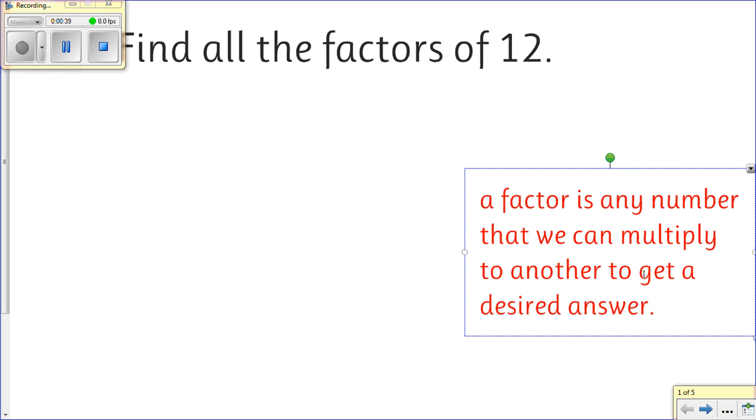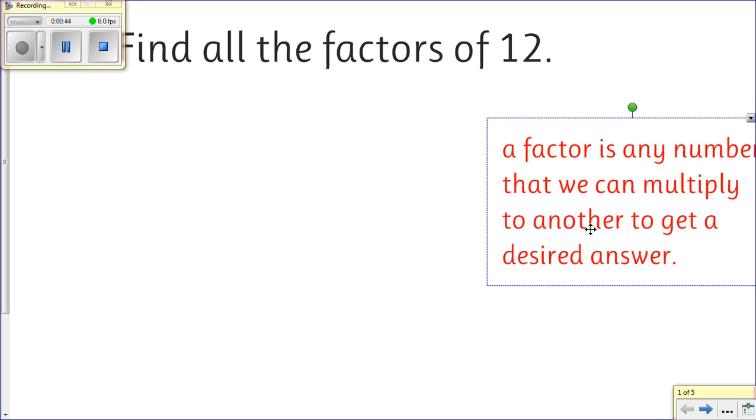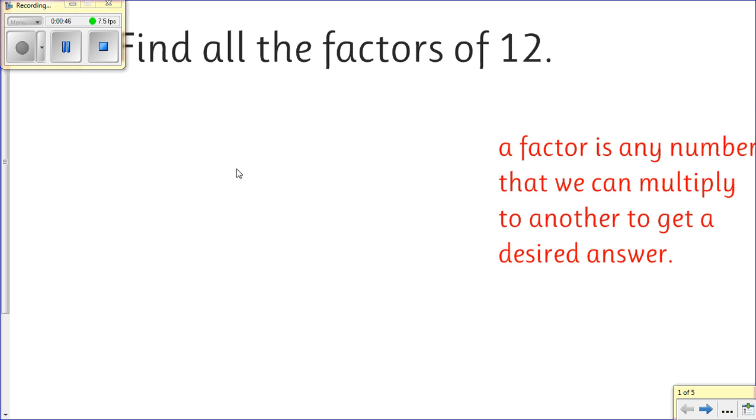So the desired answer would be known as the multiple, or in this case of this first question, our desired answer is 12. So if we want to find the factors of 12, we need to find all the numbers we can multiply to another number and get 12. For example, I can take 1 and multiply it by 12 to get 12.